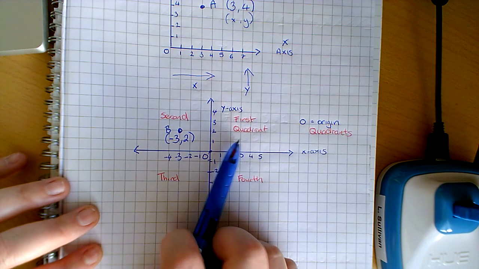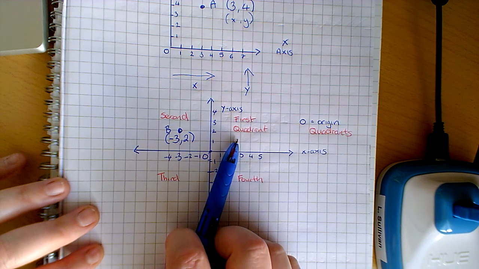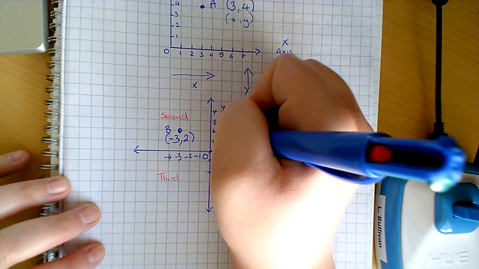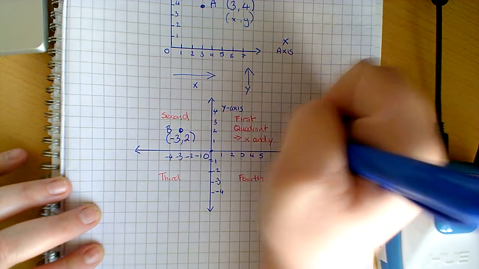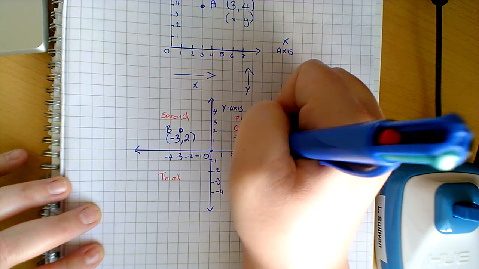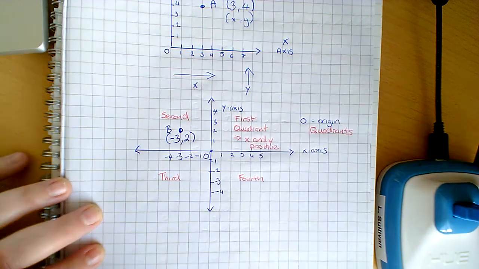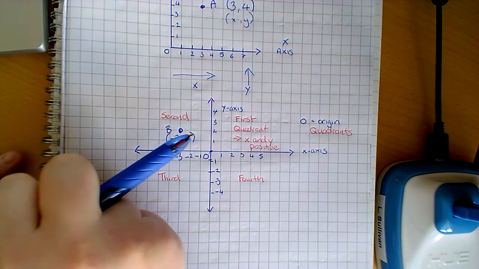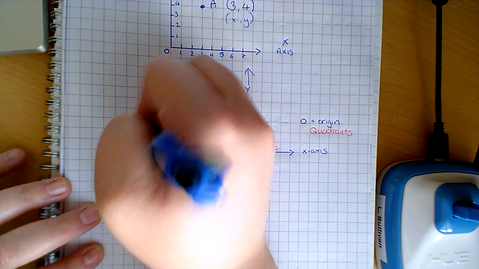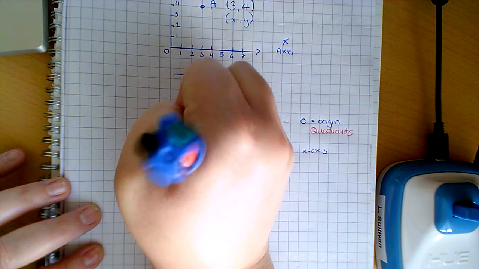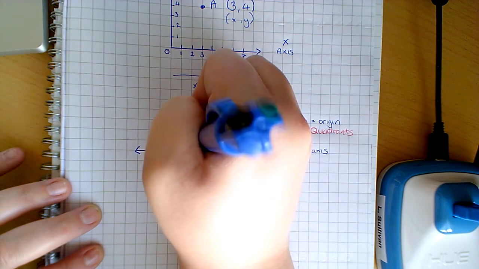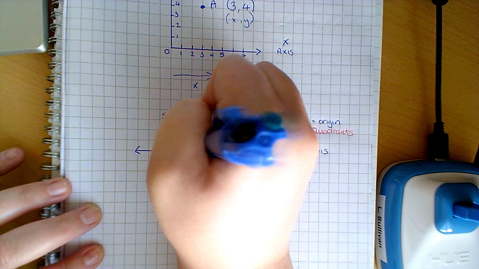Now, in our first quadrant, x and y are positive. In our second quadrant, x is negative, but y is positive.